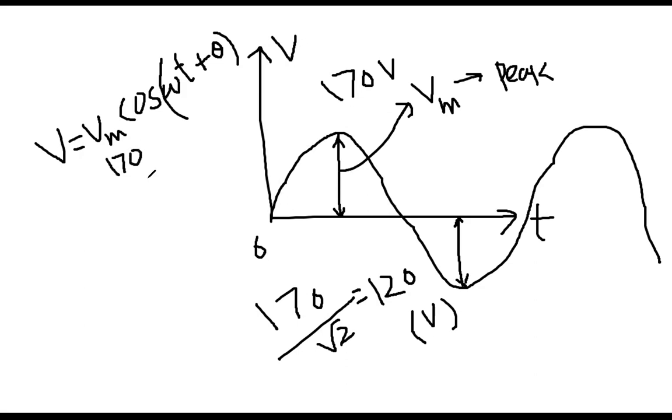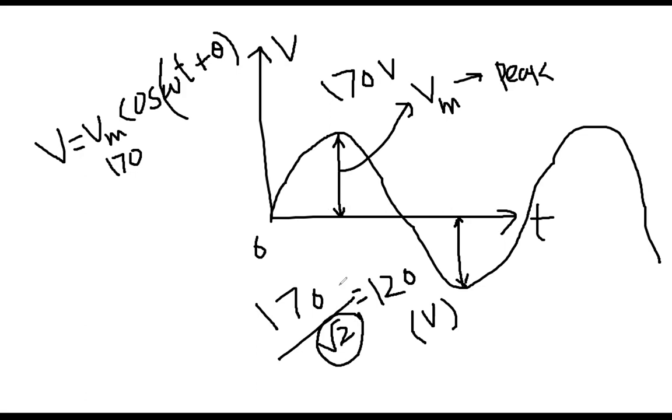But we don't say that my voltage is 170 volt, because this is the peak value only. We say 120, if I divide this peak by √2. So that is the thing I will be telling you now: why I need to divide by √2, how I get this magic number.